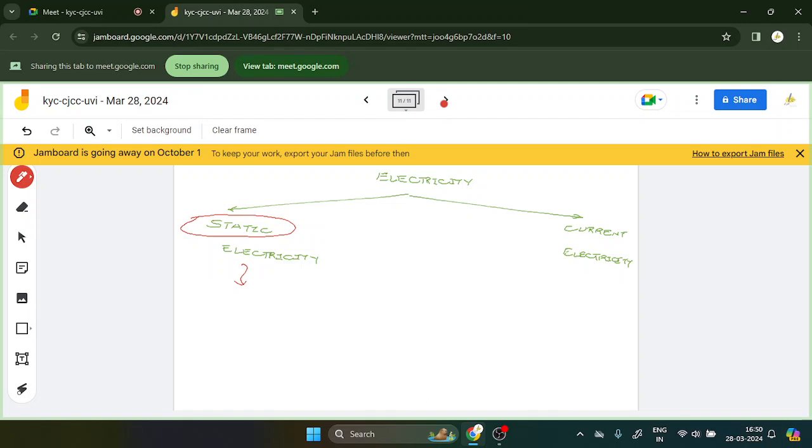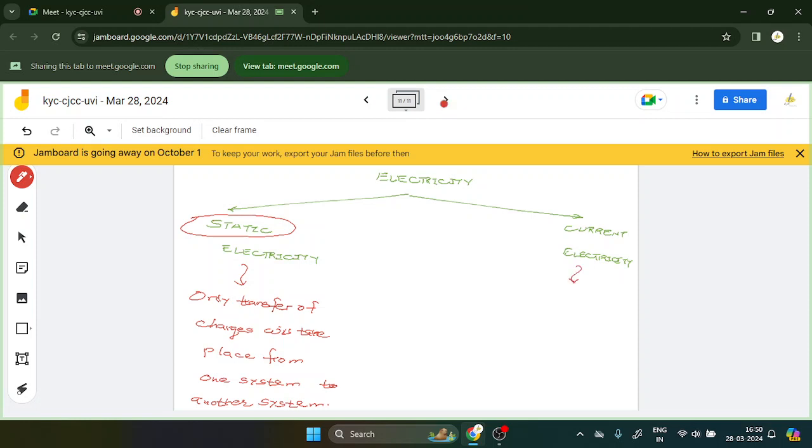The charges will remain at rest and only the transfer of charges will take place from one system to another system. The charges don't actually move. This is the reason why it is called static electricity.